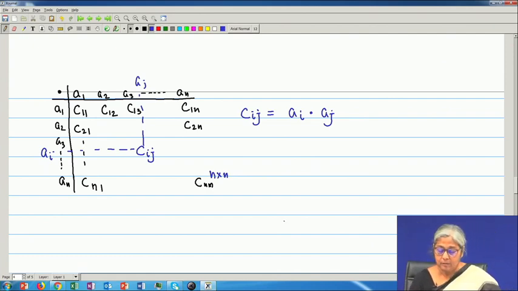Now, we identify some properties. Since it is a group, each element has an inverse.